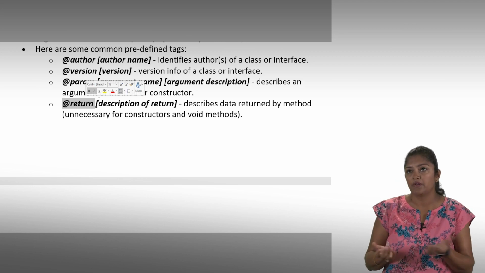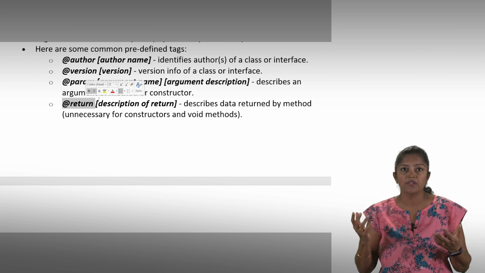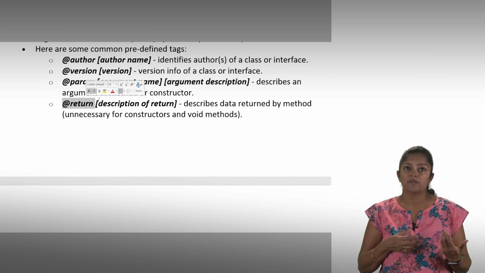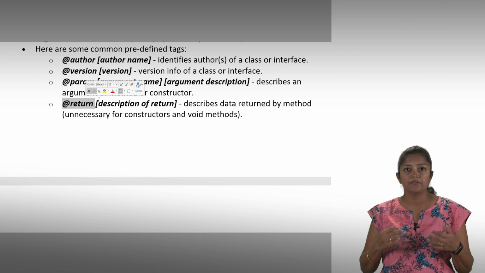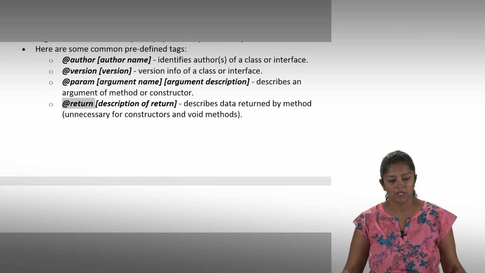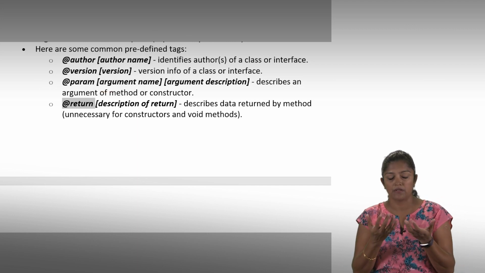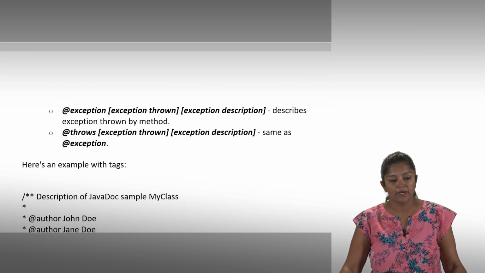Say, for example, you're writing a method that computes standard deviation, then the value that's returned is the standard deviation of the array of integers that's passed to the method. You describe the result that's returned. A few other predefined tags.